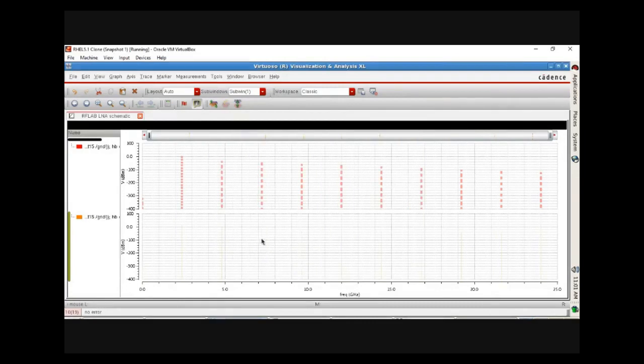I'm not able to select this, but still, see, this is a second harmonic. You can see that the power of this is minus 35 dBm, but here when I have increased my input signal amplitude to say minus 5, the power of this is somewhere close to minus 4 dBm, right?